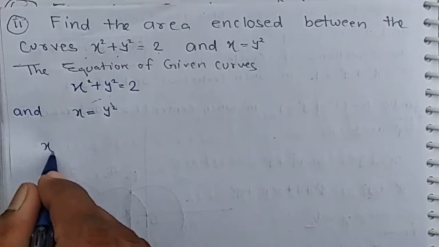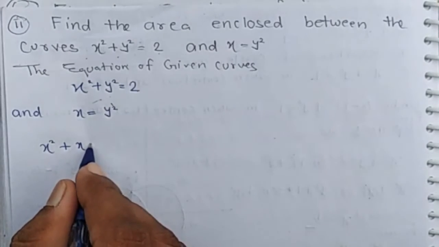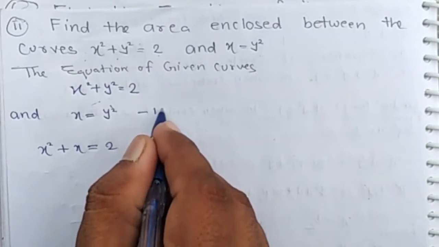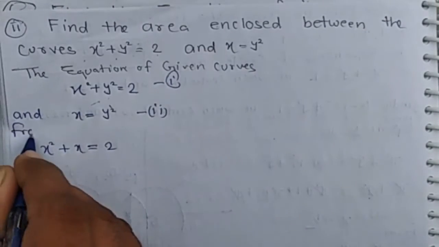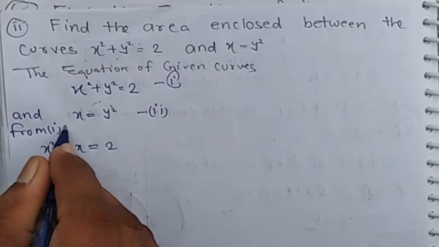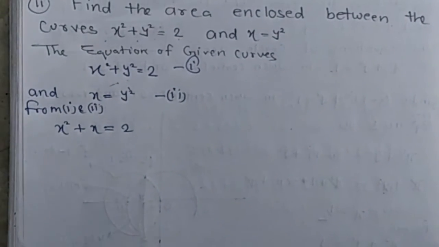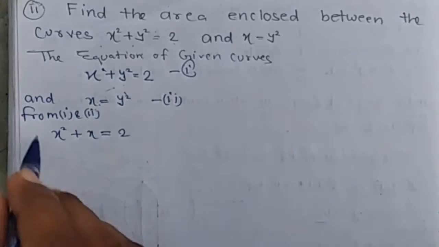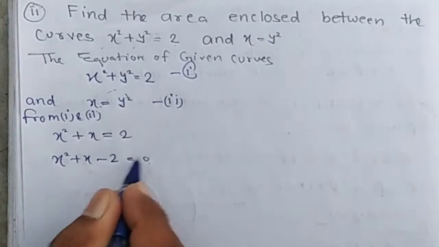We have x square plus y square equal 2. Now put the value of y square, which is x, in the first and get this equation: x square plus x minus 2 equal 0.